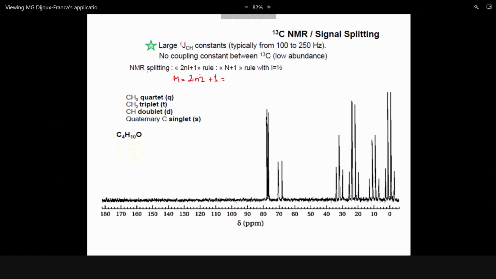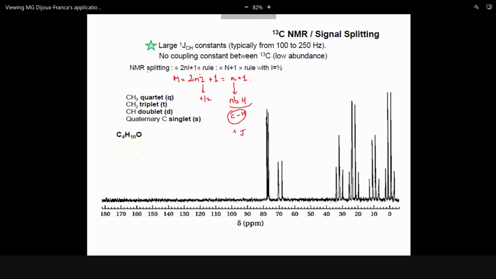Here I is also 1/2, so M equals N plus 1, and N is the number of hydrogens on the carbon. That means J1. Sometimes you can also see J2, J3, but let's just talk about J1 coupling for now.